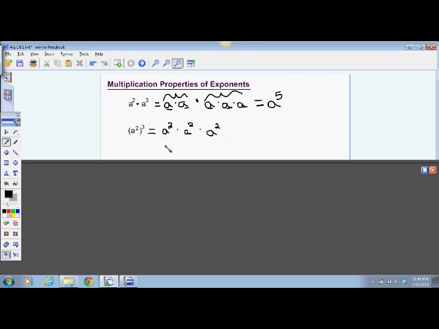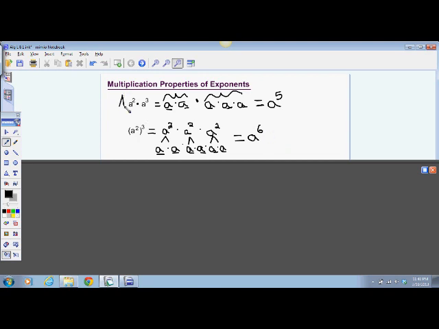Well, a to the second means a times a, times, again, a to the second means a times a, and a to the second means a times a. So we end up with 1, 2, 3, 4, 5, 6. In this case, a to the second raised to the third ends up being a to the sixth.